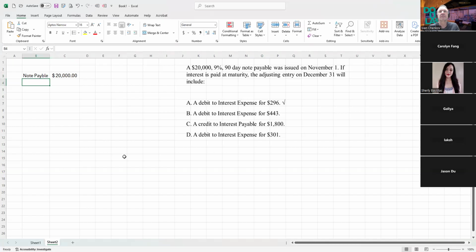What else do we know? The period is 90 days. And what else do we have? The interest. Interest rate is 9%.